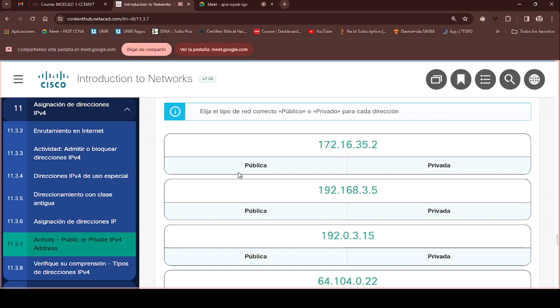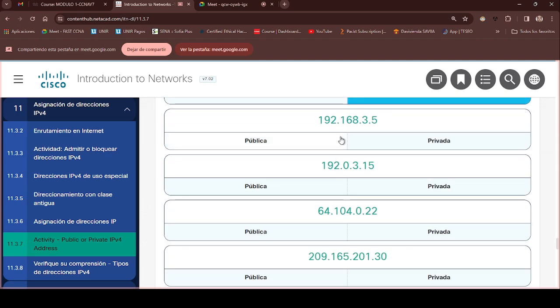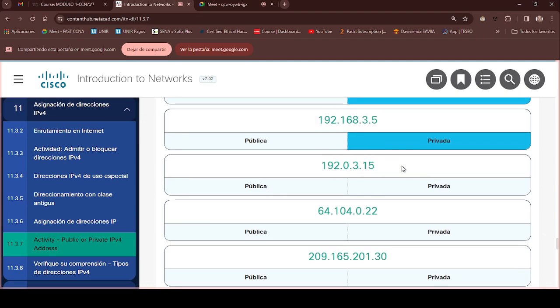Listo, entonces, este bloque de direcciones, 172.16, ¿qué será? ¿Pública o privada? Privada. Ok, 192.168.35, ¿pública o privada? Privada. 192.0.3.15, ¿pública o privada? Pública.